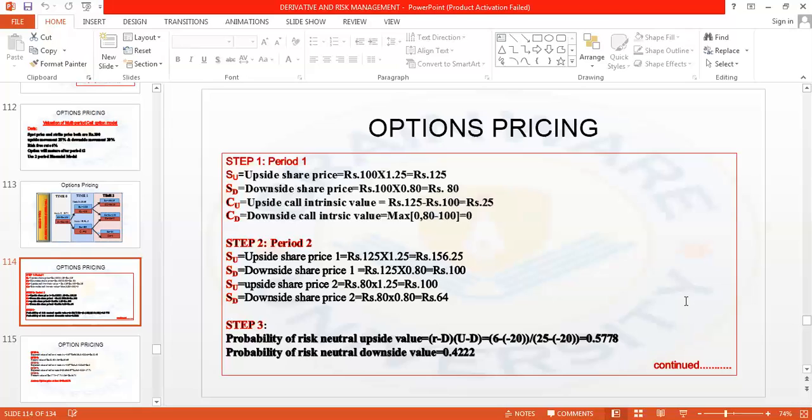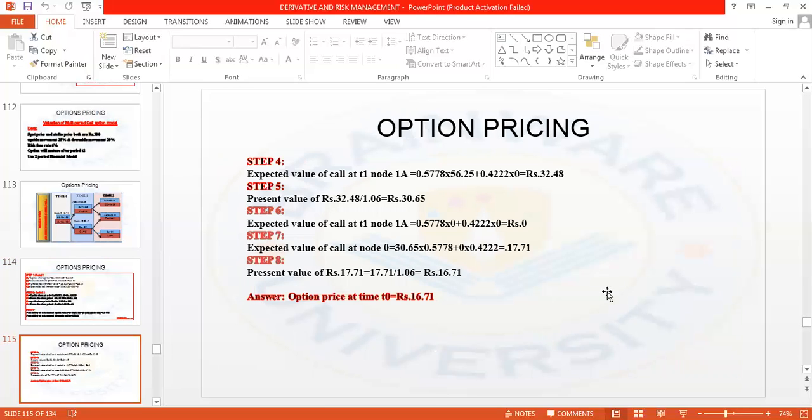So we are writing minus 20 in place of D. Then in the denominator, upside U is 25, then again minus, and in place of D, minus 20. So the calculation is 0.5778. It is risk neutral probability of upside price movement. So risk neutral probability of downside price movement is 1 minus 0.5778, which is equal to 0.422.